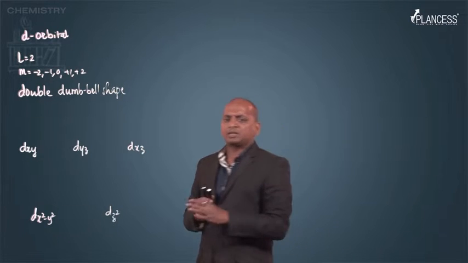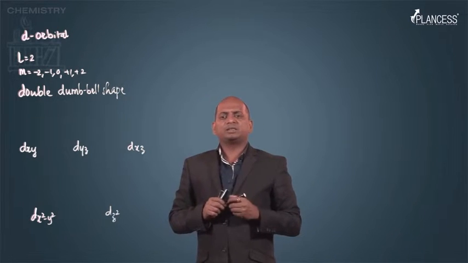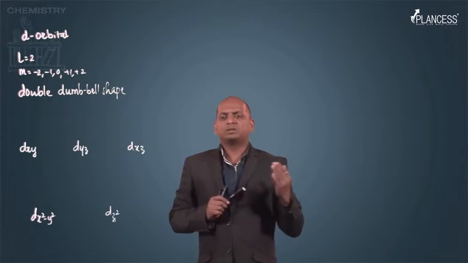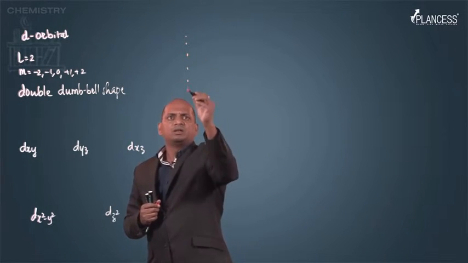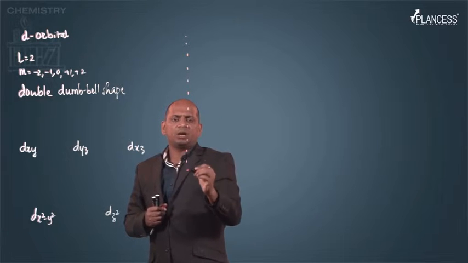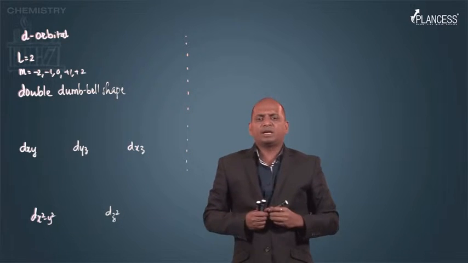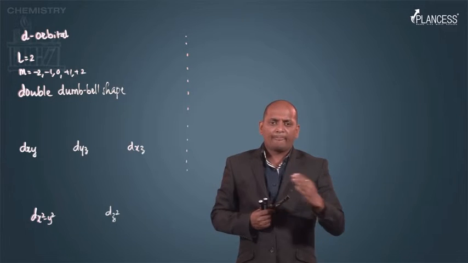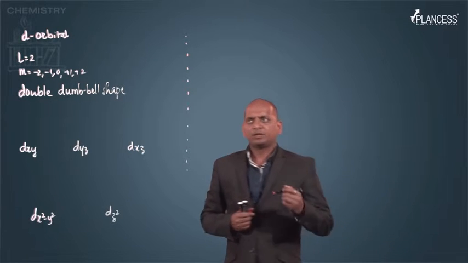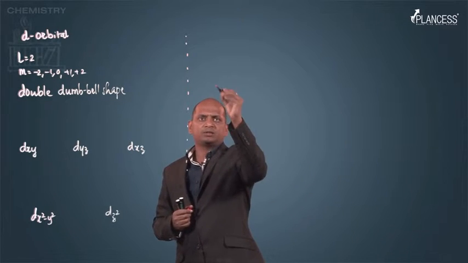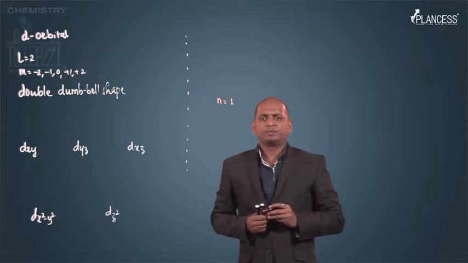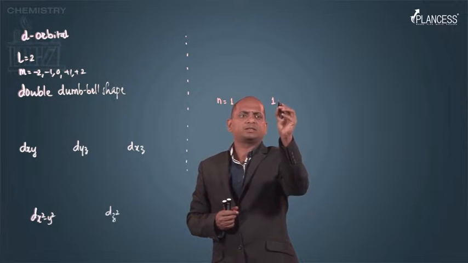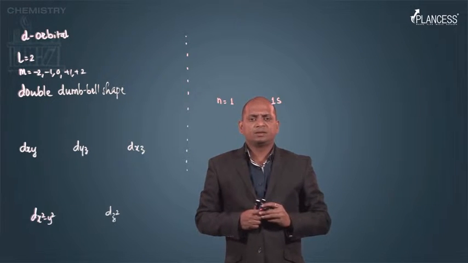Now after understanding this, let us consider how the atom looks, not the exact structure, but how the electrons are arranged. So for the first shell, when I say n is equal to 1, we have 1s.